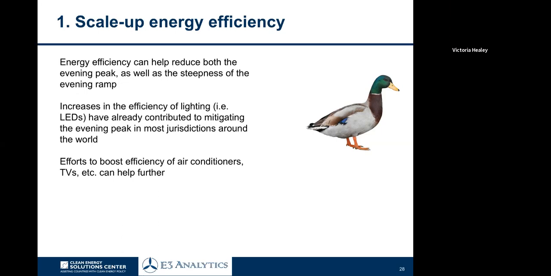So if you bring the peak down, you bring the head of the duck down, so to speak, you flatten the overall daytime load profile, that can help, again, reduce the steepness of that curve and make it easier to deal with from a utility standpoint, an operational standpoint.